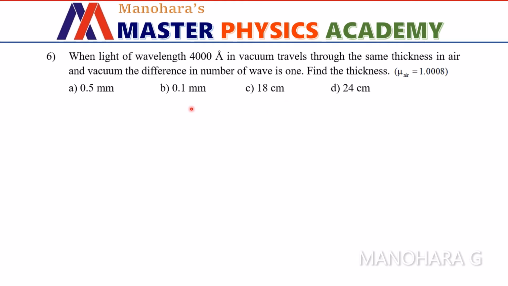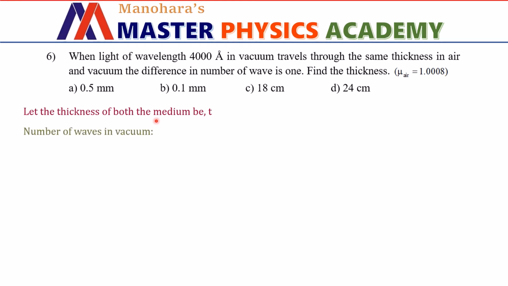Now let us consider the thickness of both the media to be equal to T. The number of waves in any given thickness is found using the formula: the thickness of the medium divided by wavelength.